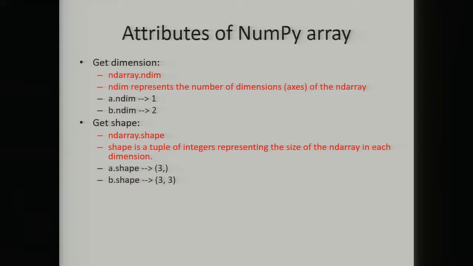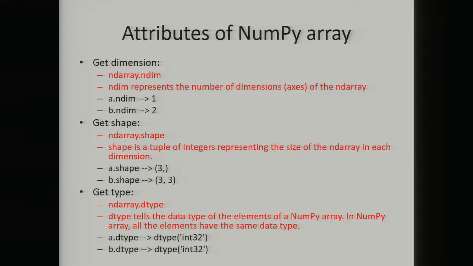The third attribute is type. This we have already seen. ndarray.dtype tells the data type of the elements of a NumPy array. In a NumPy array, all the elements have to be of the same data type, essentially because NumPy arrays are same as C-style arrays.